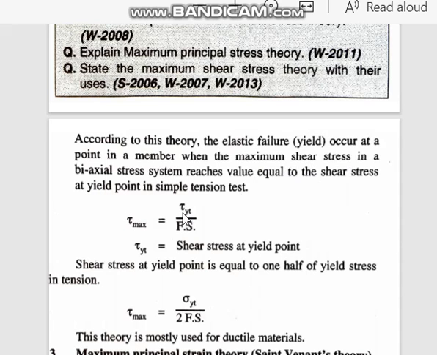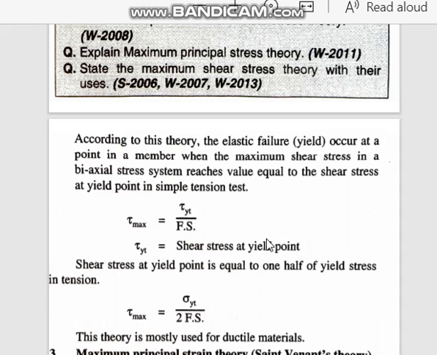And mathematically, we can give it like this: maximum shear stress, that is tau maximum, is tau yt divided by factor of safety. Yt means yield point, and tau is shear stress. So tau yt is the shear stress at yield point, and tau maximum is maximum shear stress.